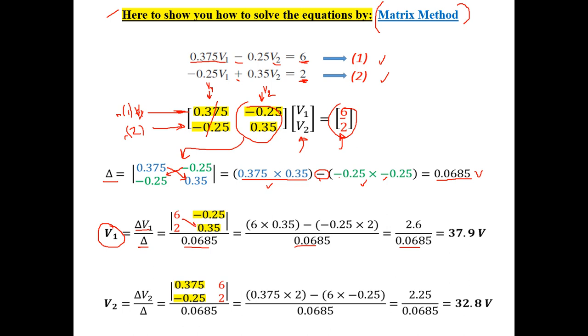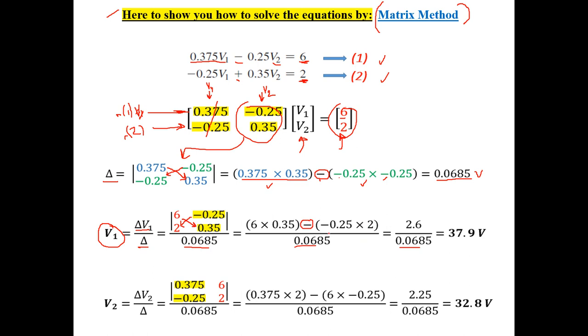So multiply the diagonal numbers and subtract it from the off diagonal numbers. So 6 multiply 35 minus (0.25). It's good to put it between brackets, so it helps you to distinguish the signs, I mean the negative and positive polarities here.